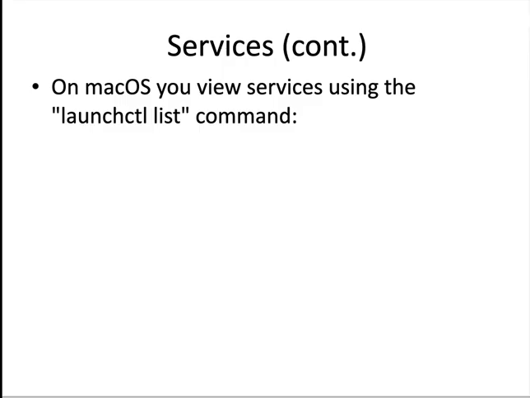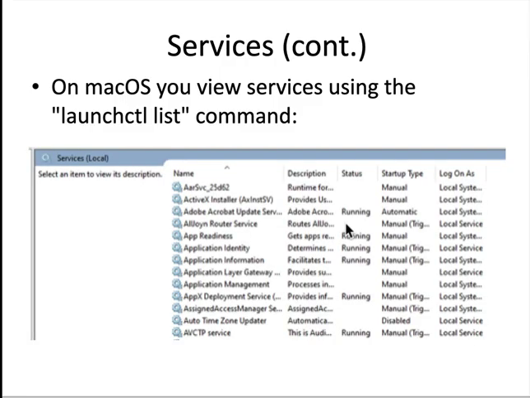Mac OS uses a system called launchctl. And if we issue launchctl list to list the services running on this Mac machine, you will see that this looks very similar to what we saw in the Windows world, as far as information provided to us about some of the services running on the machine.